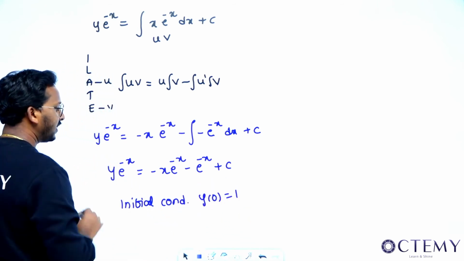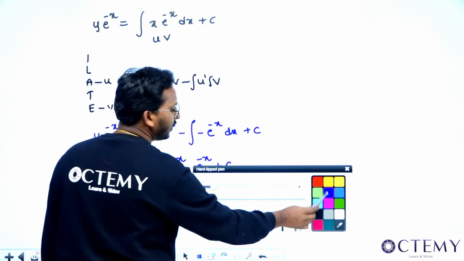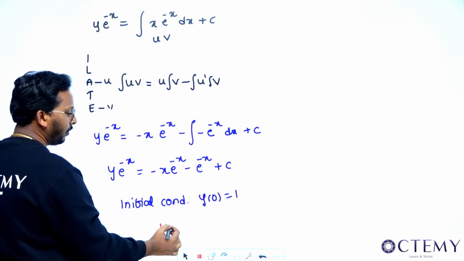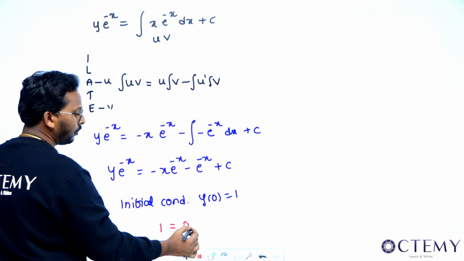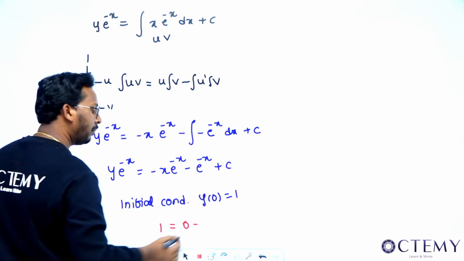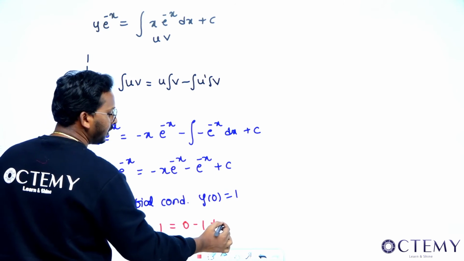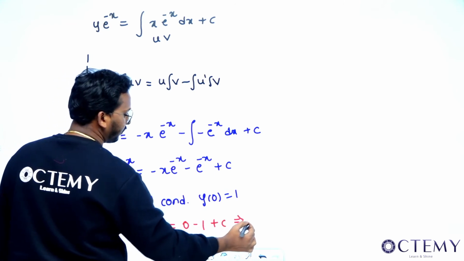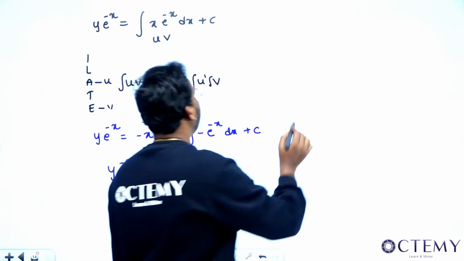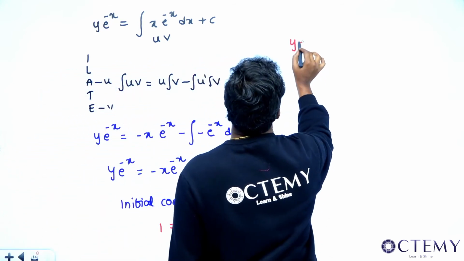That means if you put x is equal to 0, y should be 1. So let us do that, sir. You put 1 into e power 0, which will become 1, and the right side, if you put x as 0, will become minus 1 plus c, which implies your c should be equal to 2, right?